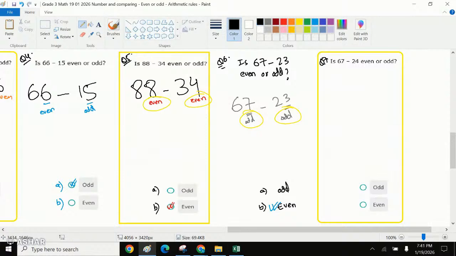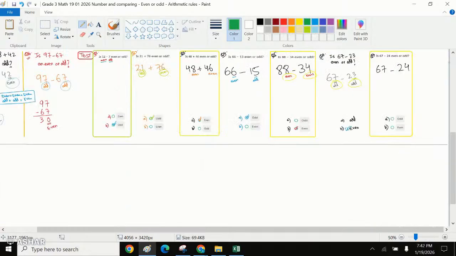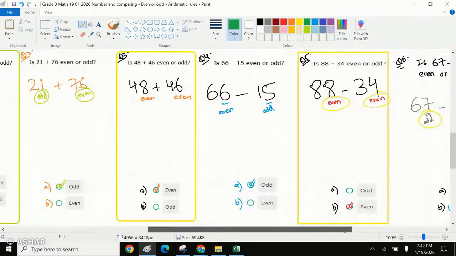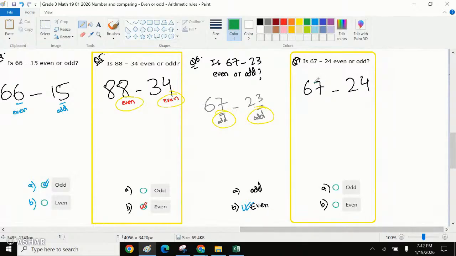We know from the previous question that 67 ends with a 7, which is odd, whereas a number that ends with a 4 is always even.